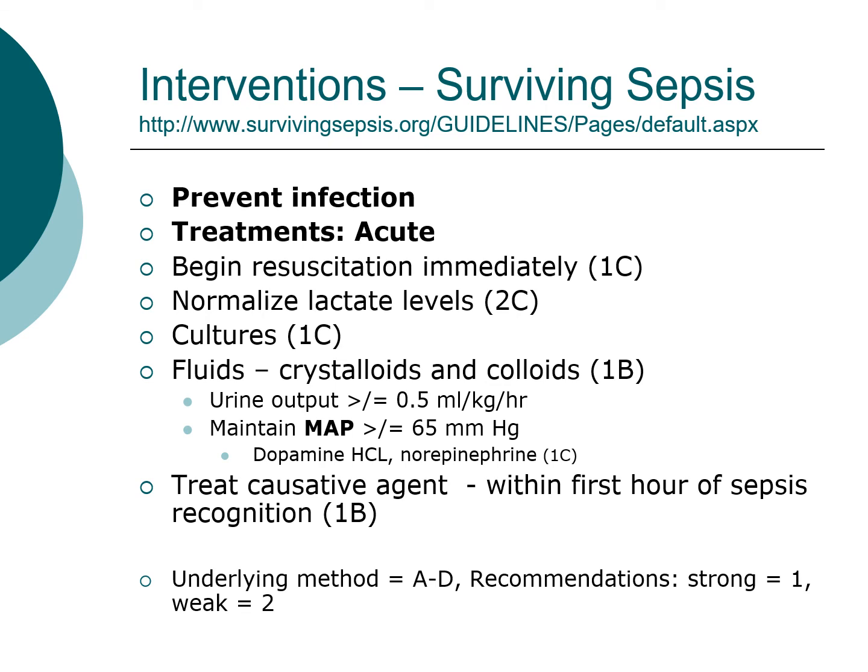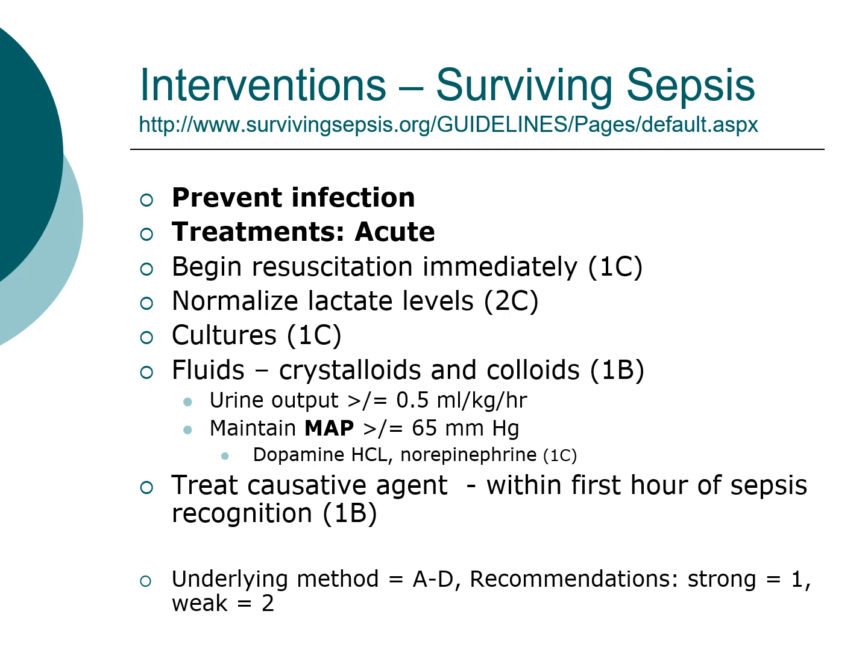If you're having trouble getting something, give the antibiotics. We need to give that within an hour. Fluids. So for our interventions, we have crystalloids or colloids. We really want to keep that blood pressure up. There's the MAP, there's the urine output. Give vasopressors and inotropes. Those are the meds listed under MAP. Now you'll notice the MAP is greater than 65, so they know this person is probably going to have low blood pressures, and that's why this MAP is lower than our typical 70 that I talk about.